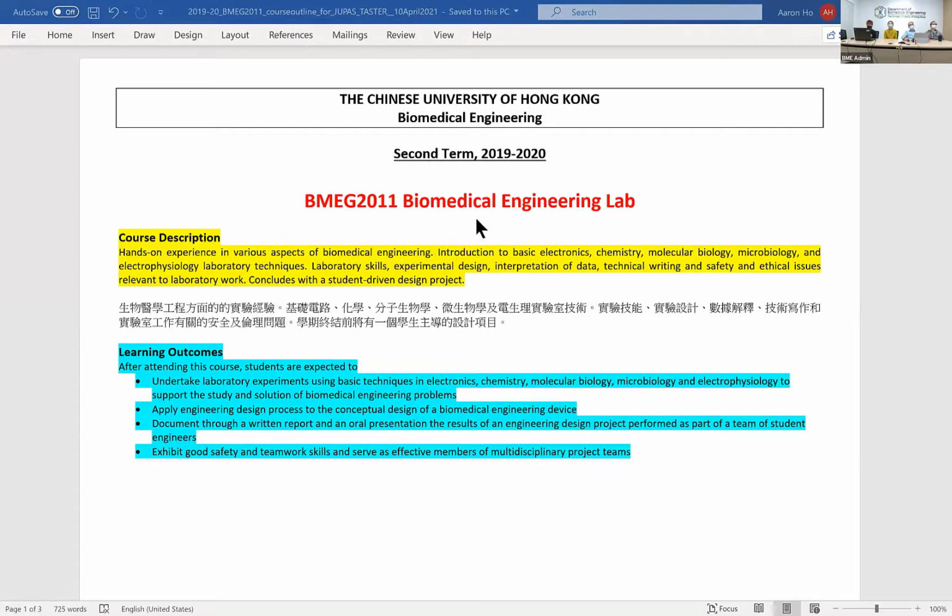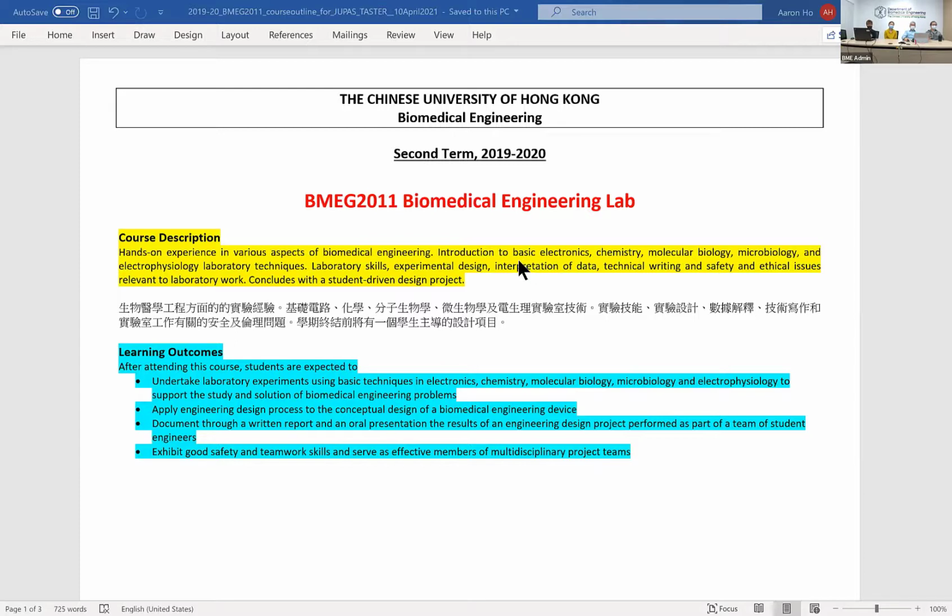Since this is the biomedical engineering lab, it provides training for our biomedical engineering graduates on how to conduct laboratory work. It has two parts. One is called the wet lab, which is concerned with biology, microbiology, DNA amplification, and so on, and also lab safety, okay?